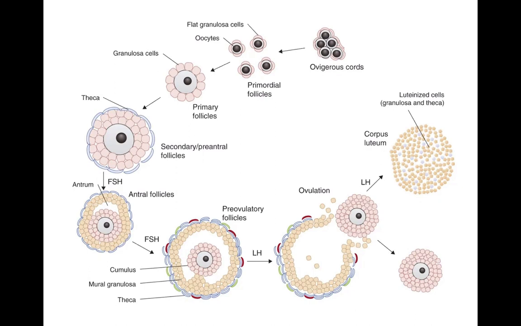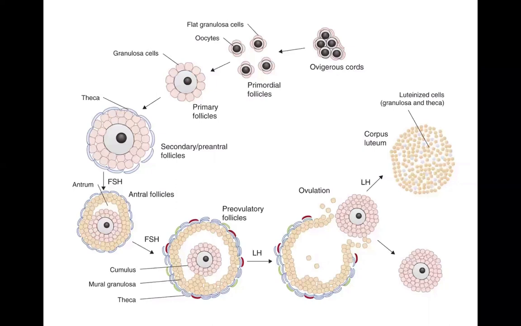Now, a couple of things to understand here. The follicle which is going to be the mature one. Okay, the follicle that eventually matures and ovulates is thought to be one of those granulosa cells that have high levels of aromatase. Okay, so what does aromatase do?